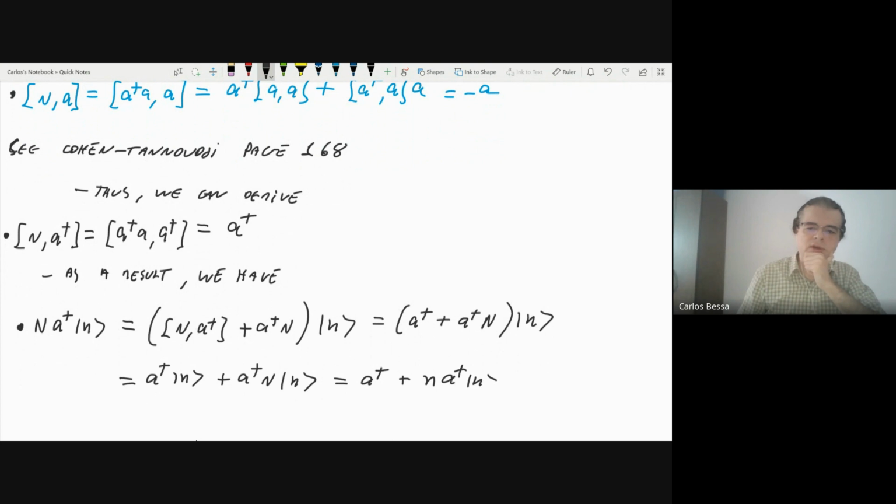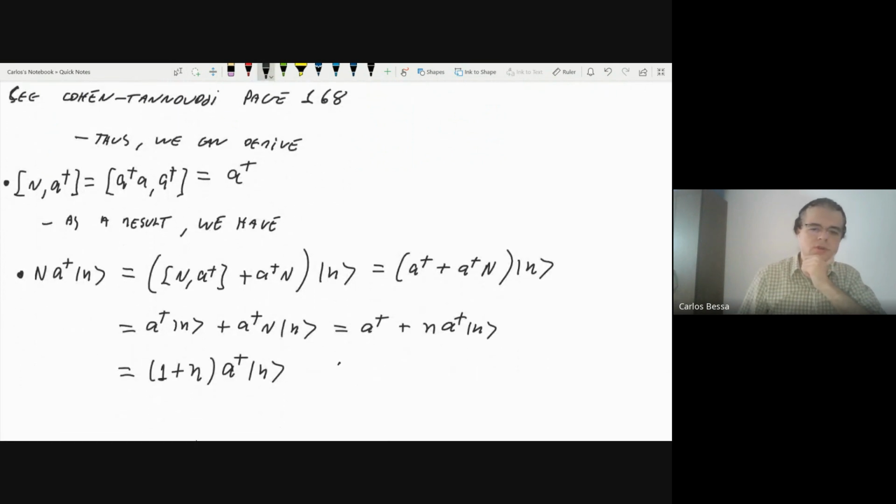A dagger n. So I can write this as 1 plus n a dagger. Okay, so this is this term.